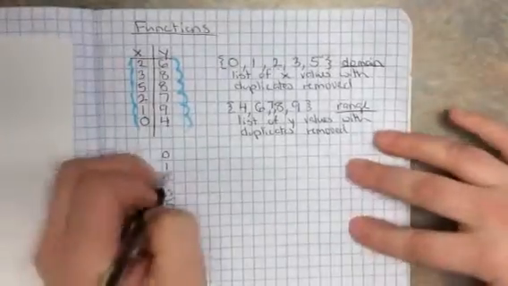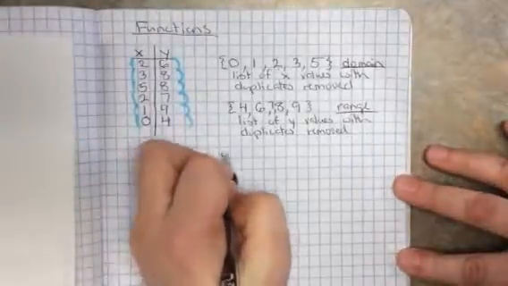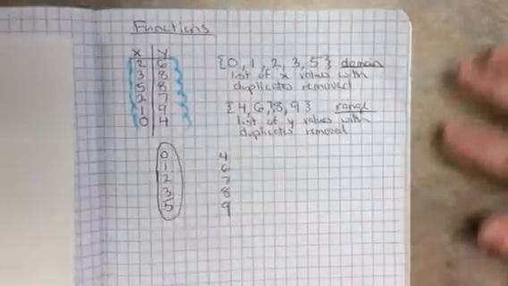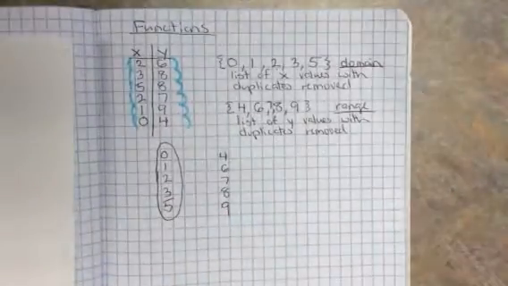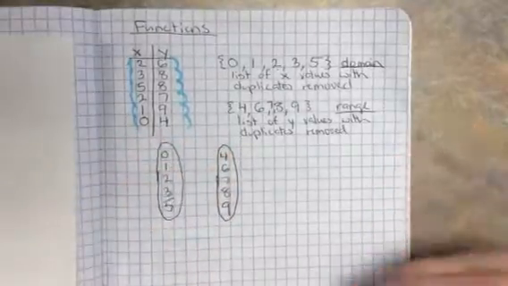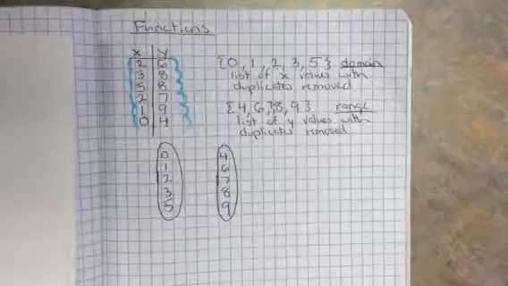The domain. Where'd I get those numbers? The range. All you're doing is just putting them in order. Okay, now I'm going to do something, and I want you to see if you can watch and figure out what I'm doing.